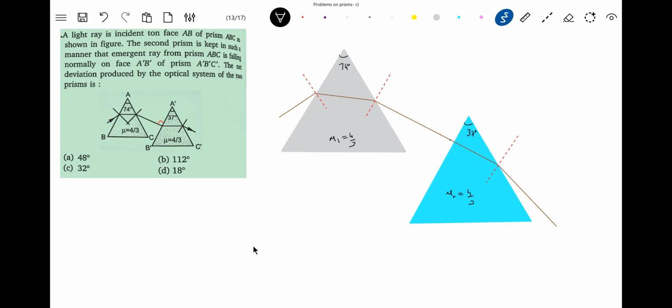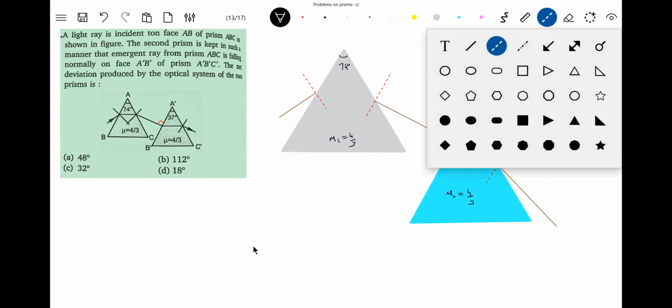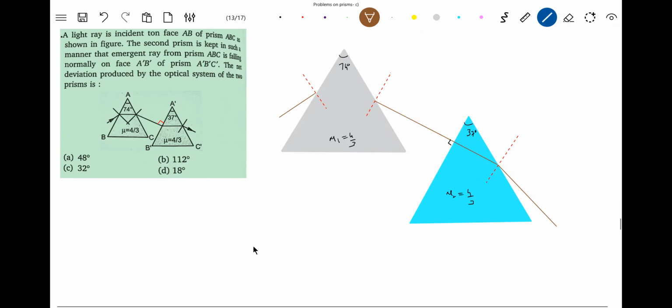We have the information that this angle is 90 degrees. So the minimum deviation is there, no? I have to show the minimum deviation.